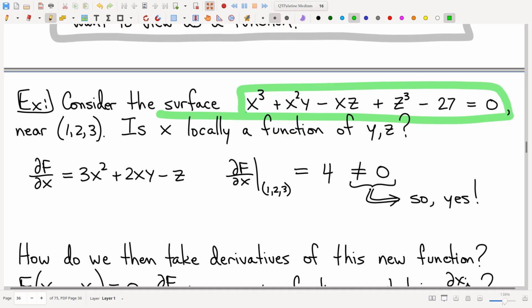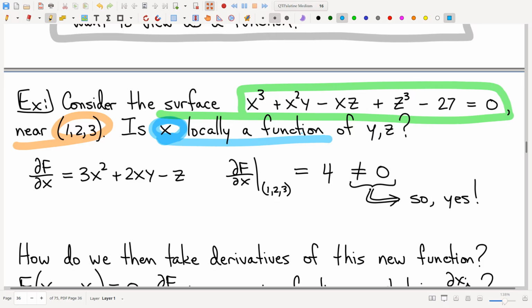But for whatever reason, I'm interested in looking in the vicinity of the point (1, 2, 3), and I would like now to view x locally as a function of the other two variables. Now again, if you were thinking about this geometrically, then if this is going to be a function of that, my vertical line test is now kind of a horizontal line test, and the geometry can get legitimately confusing. So here, no such concerns.